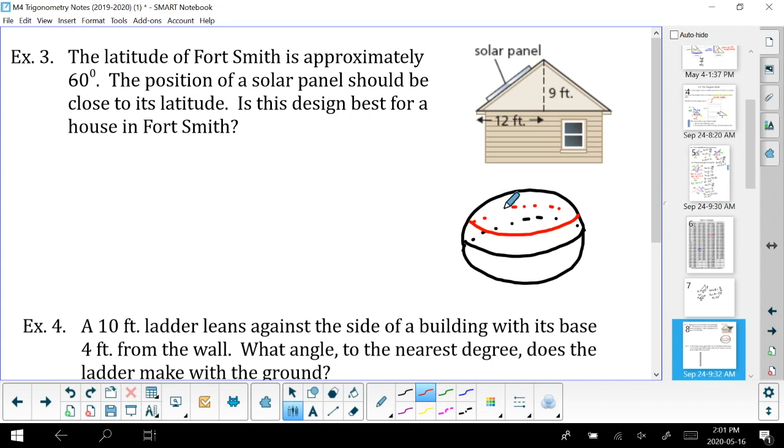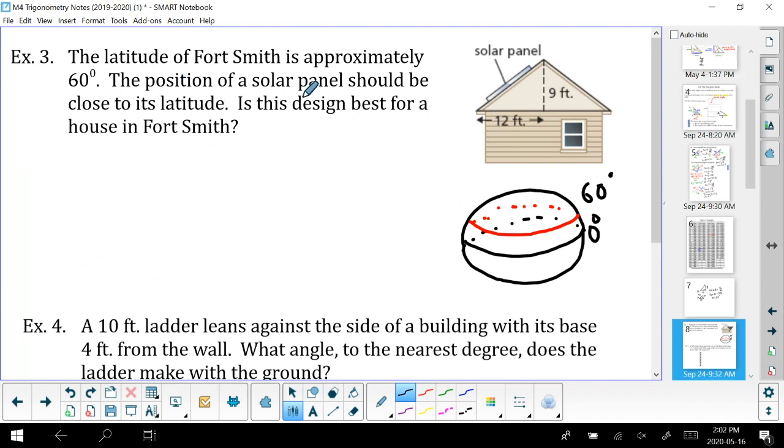And you see that red dotted line there. We can see that it goes around the entire globe. And we have our equator at 0 degrees.